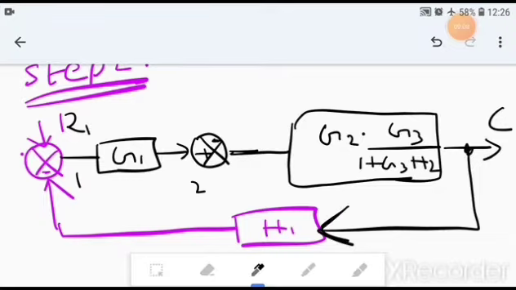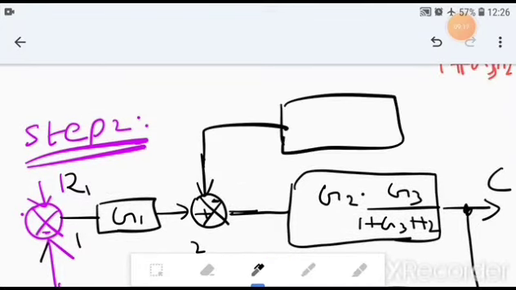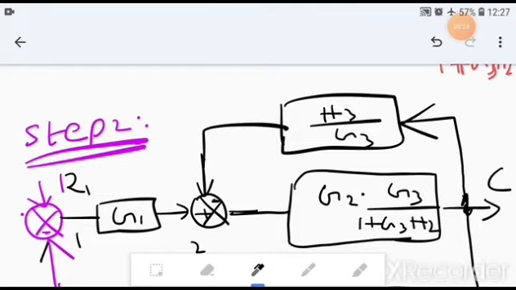This arrow mark shows, right? Now here we have a feedback of H3 in series with 1 by G3, so we can write it as H3 by G3, and here we have feedback path from this. So to G2 G3 by 1 plus G3H2, we have a feedback of H3 by G3, that is negative feedback because here we have minus.